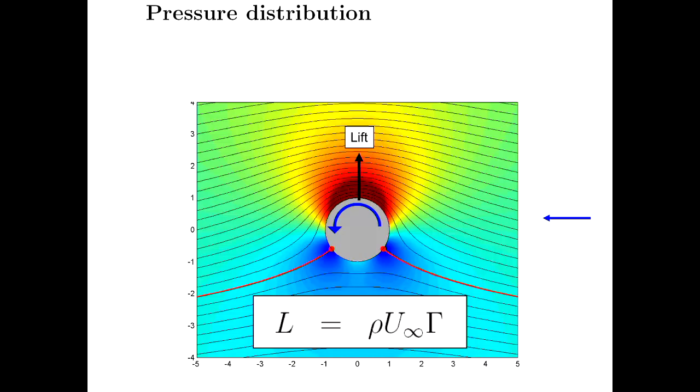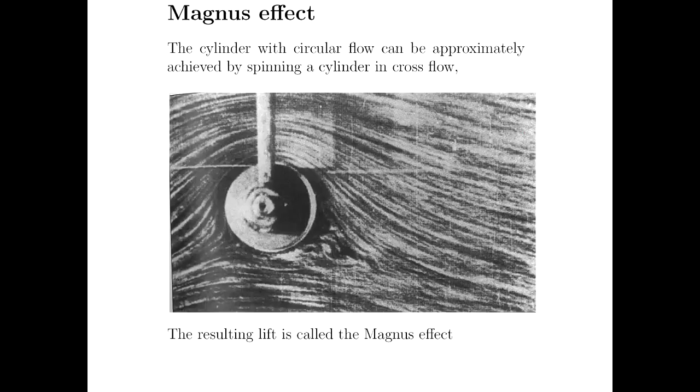We found that lift is just a function of your density, your free stream velocity U infinity, and also gamma, which is the circulation of the potential vortex. This lift caused by the rotation of the cylinder is known as the Magnus effect.